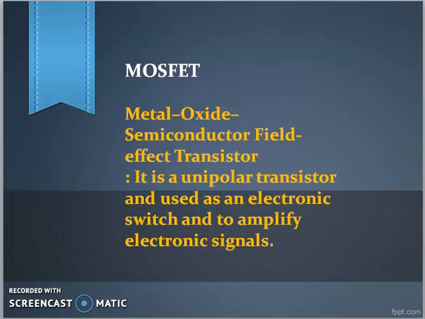Device, that is MOSFET. MOSFET is nothing but metal oxide semiconductor field effect transistor. It is a unipolar transistor and is used as an electronic switch to amplify electronic signals.